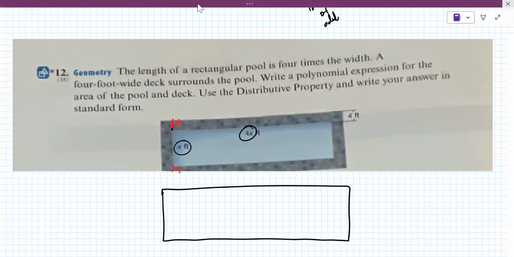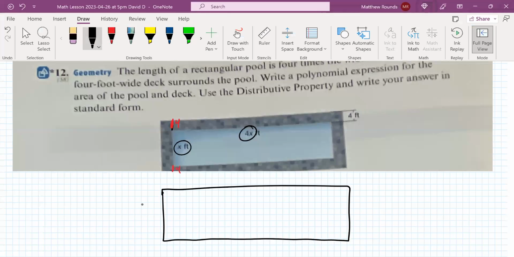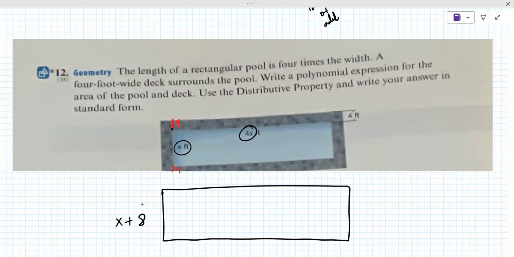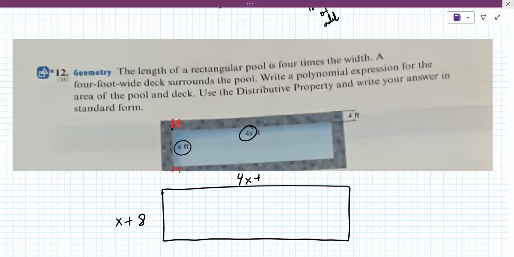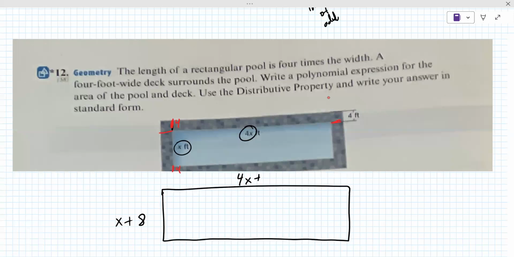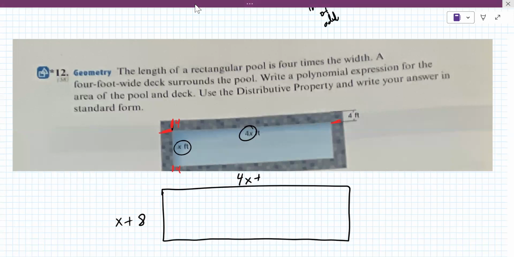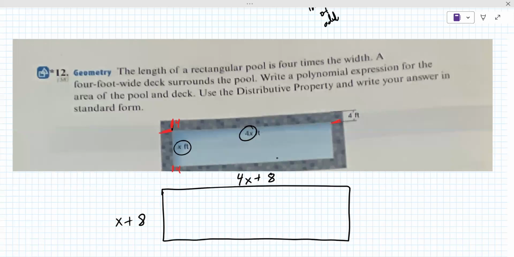So the length there is x plus 8. We did the problem like that a little while ago. On the other direction, it's 4x plus you've got 4 in both directions again, 4 horizontally. So that becomes 4x plus 8.